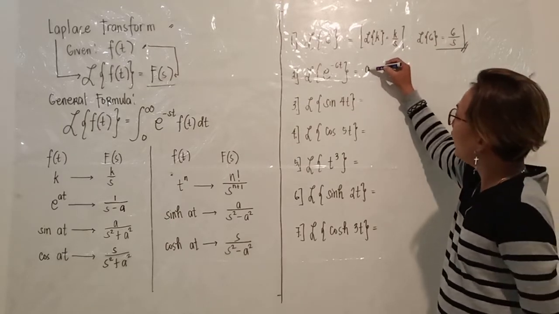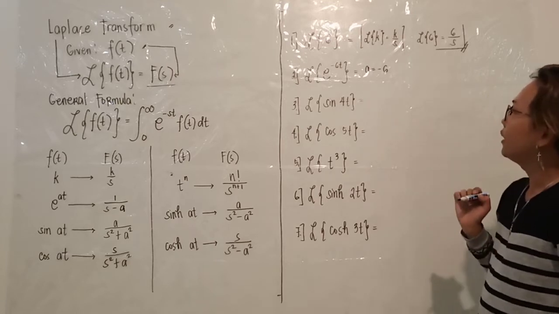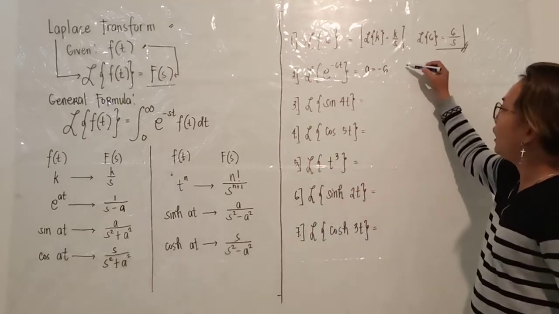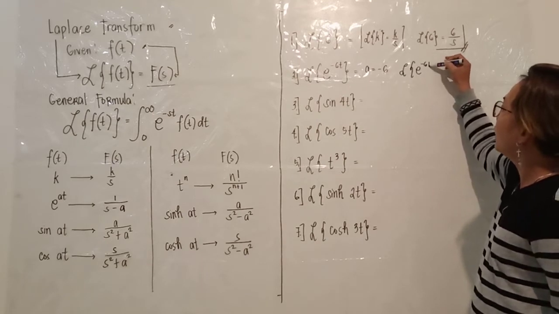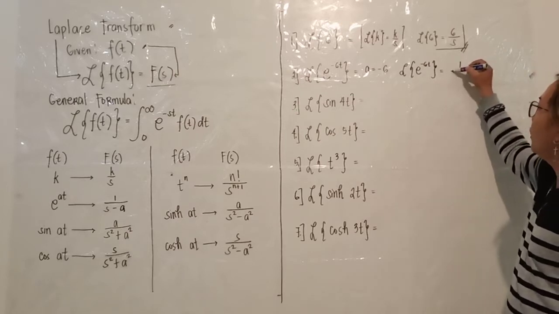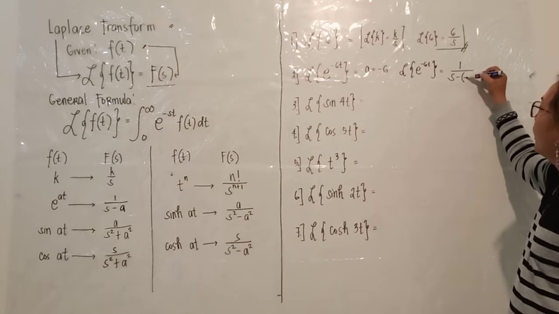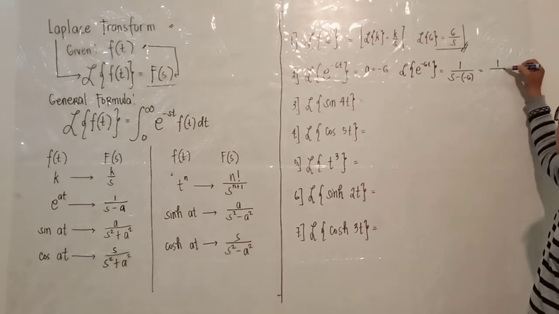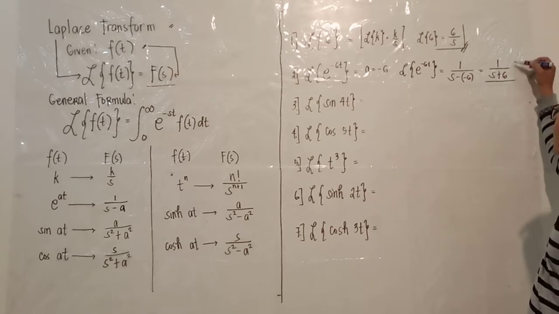So, the value of a is negative 6. So, kung ang formula mo is 1 over s minus a, the Laplace transform of e raised to negative 6t is simply 1 over s minus negative 6. So, the answer will be 1 over s plus 6.